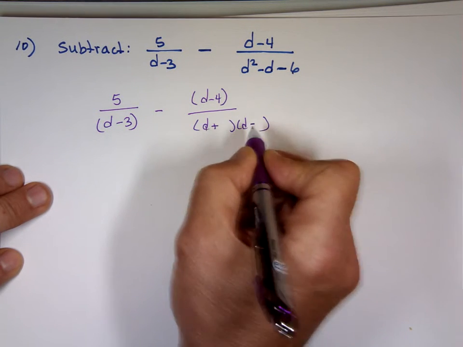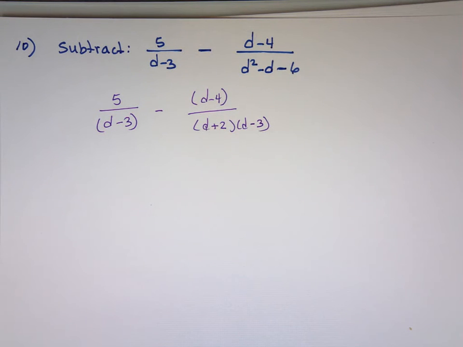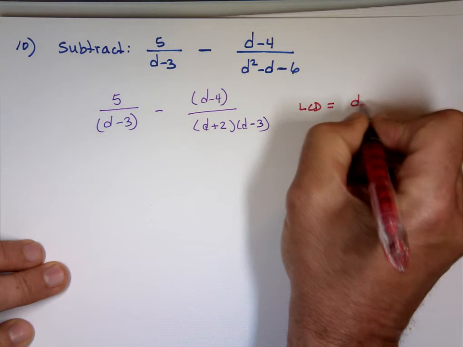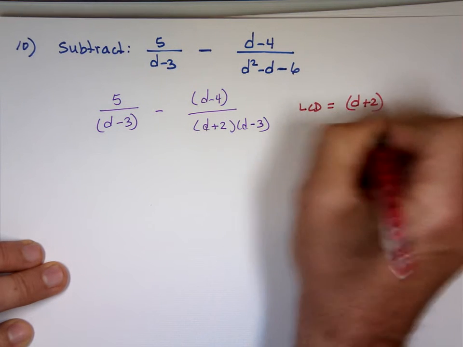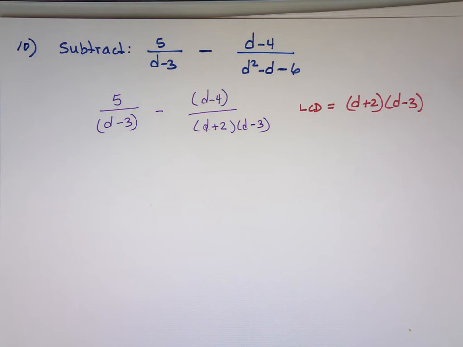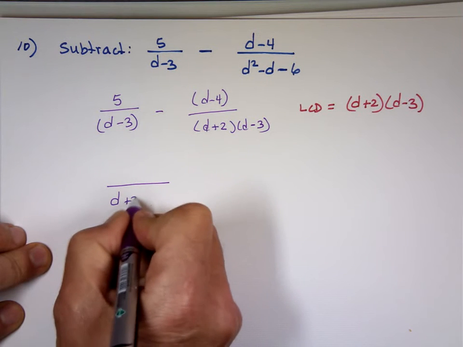Negative 3 plus 2. Again, the LCD is the multiplication of all the different factors. D plus 2 times d minus 3. So I'm going to make each one of these in the bottom d plus 2 times d minus 3.